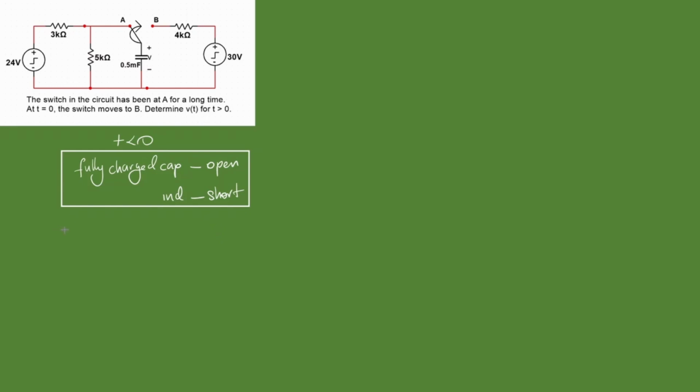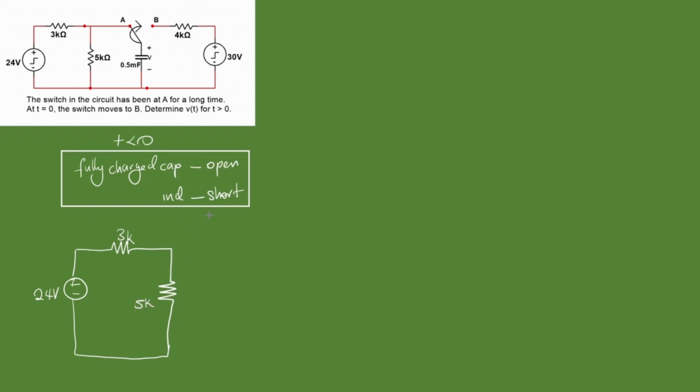So let's redraw our circuit for t less than 0. We have a 24 volt source somewhere here, plus, minus, going this way, 3 kilo ohms. And then we close our circuit nice and easy: this 24 volts, 3 kilo ohms, and 5 kilo ohms.